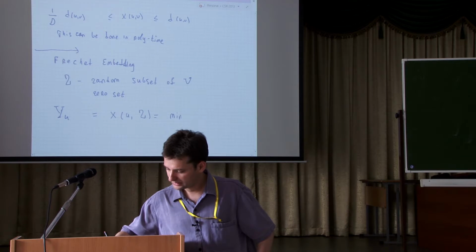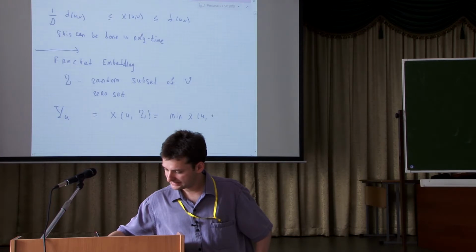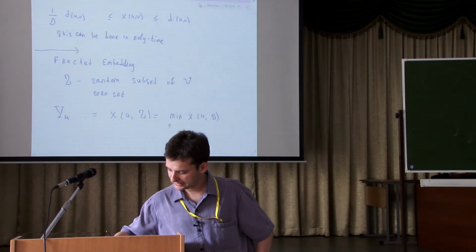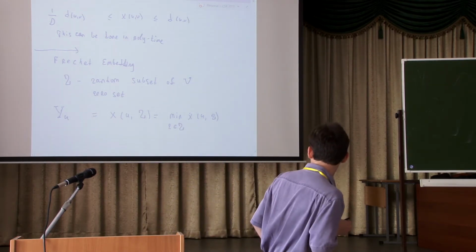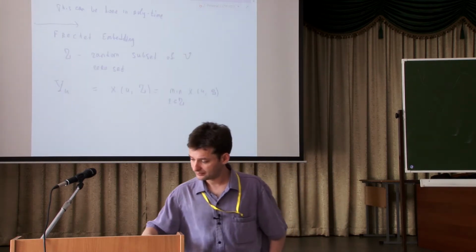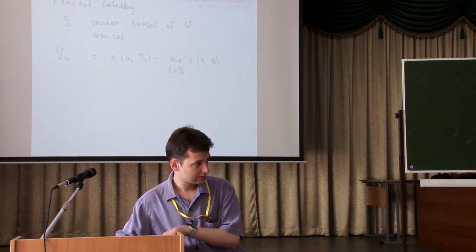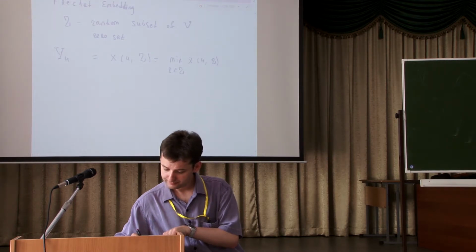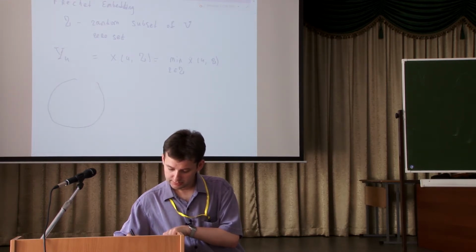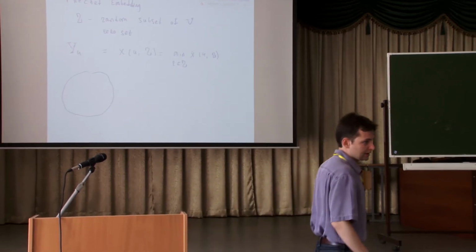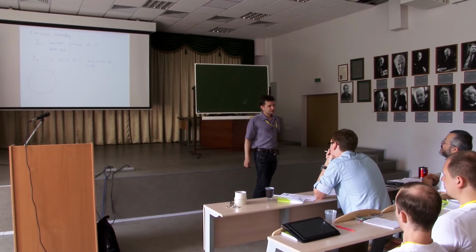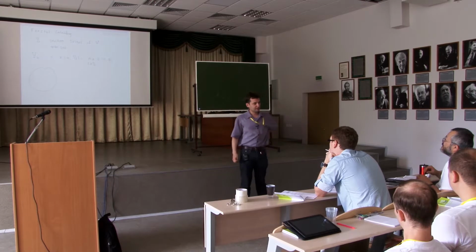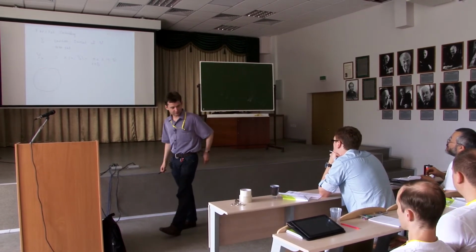This is the minimum distance from U to some point in the set capital Z, right? So the dimension of this image space will be just the number of subsets. Potentially we have a very large dimension.